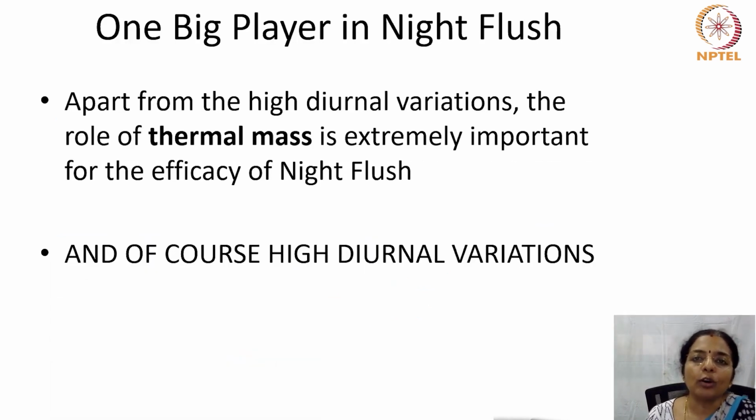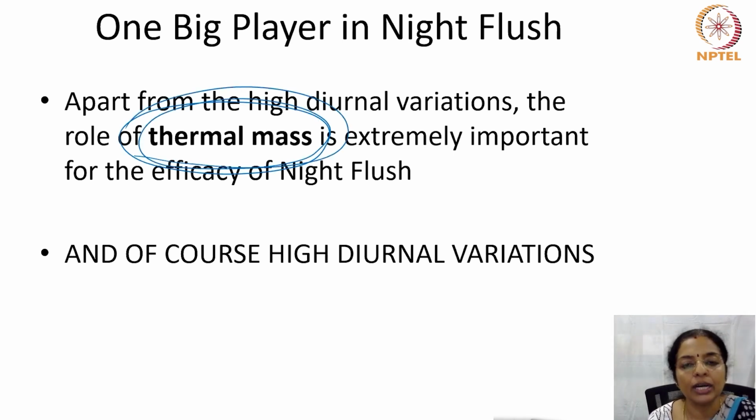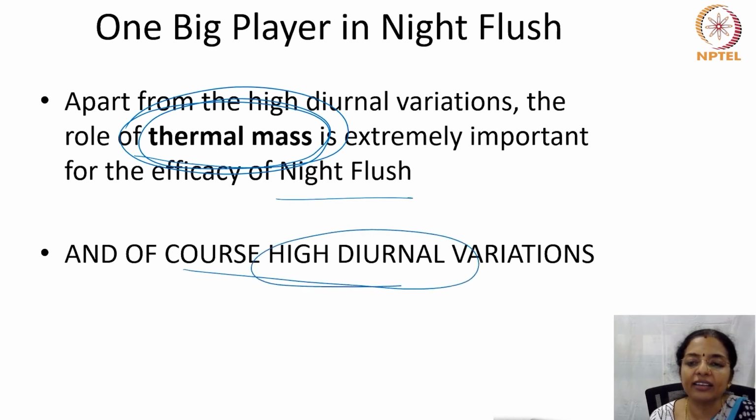Therefore, one of the big players in the success of night flush is having a high thermal mass. That is extremely important in the efficacy of night flush. And of course, you must have high diurnal variation.